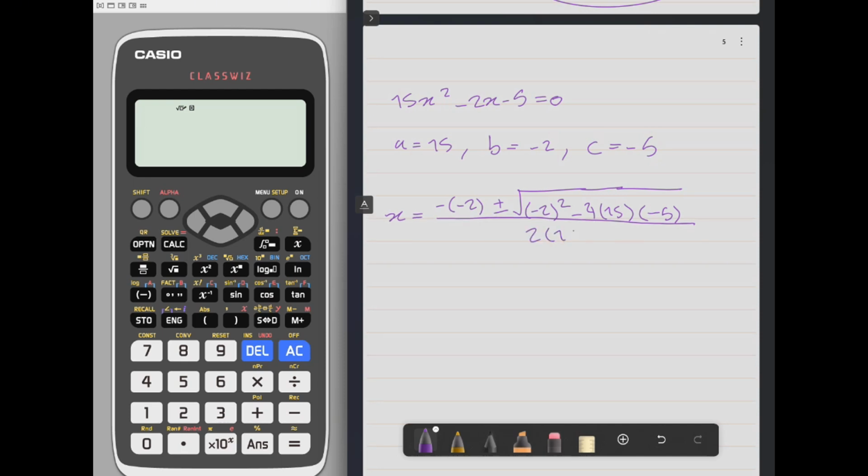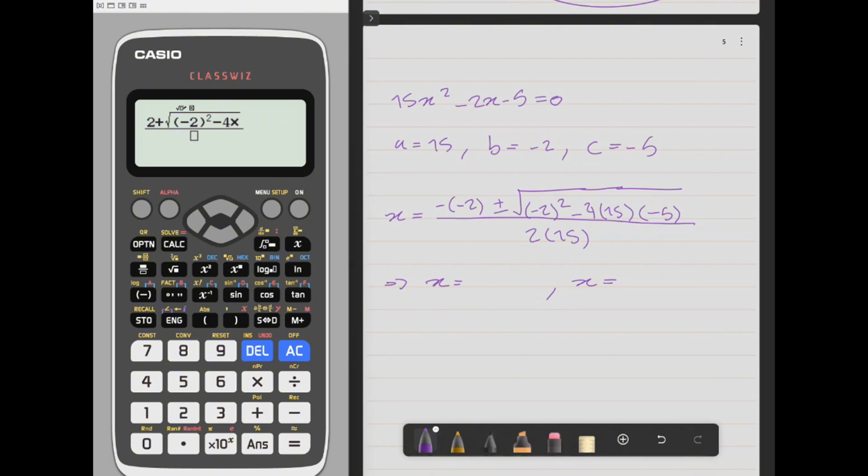2a, 2 times 15. So if I put that on the calculator, x is equal to fraction, minus 2, positive 2, plus root, minus 2 squared. So I can just write it as minus 2 squared, or I could write 4, it doesn't matter.